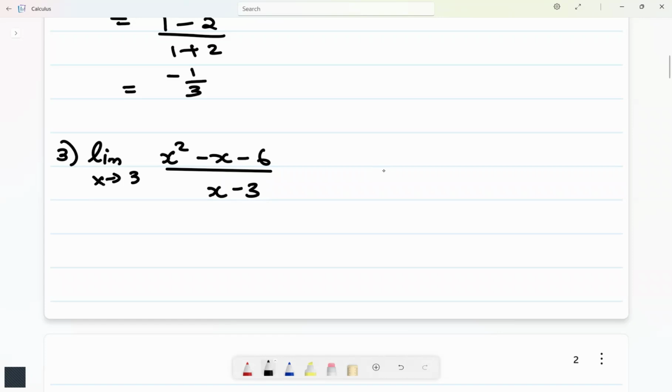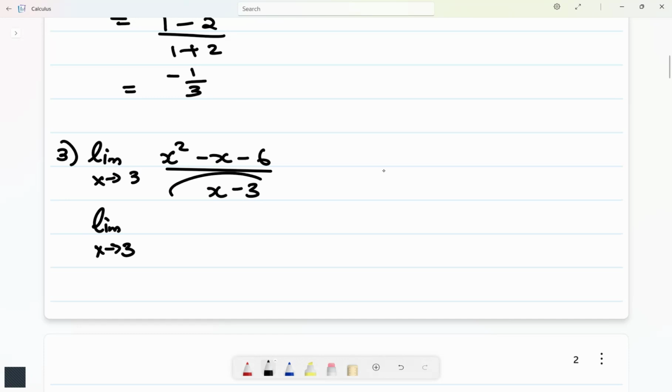So now let's see. If I substitute x as 3, do you see here I'm going to have 3 minus 3 at the denominator, and I do not want to divide by 0. So I cannot directly substitute in this case. What I might do is say, okay, limit as x approaches 3.